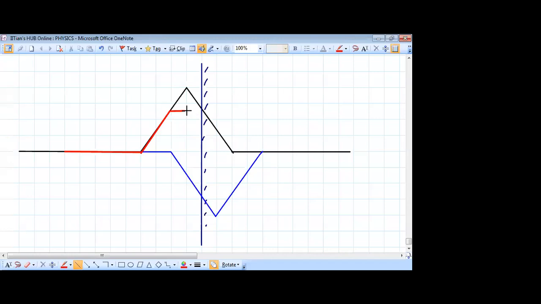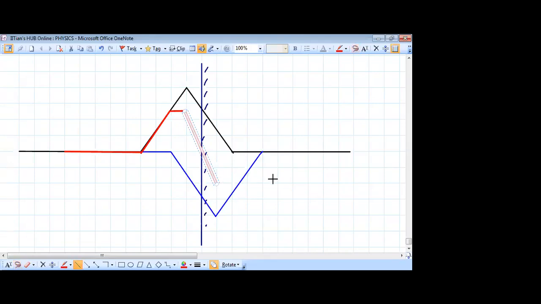Okay. And then from here to here, passing through this. Up to the peak again, sir. So here it will be like this.